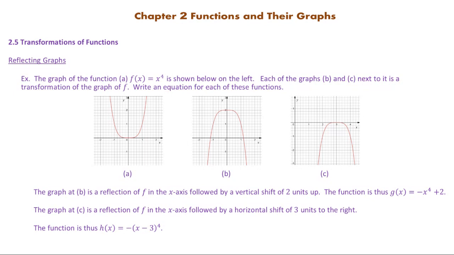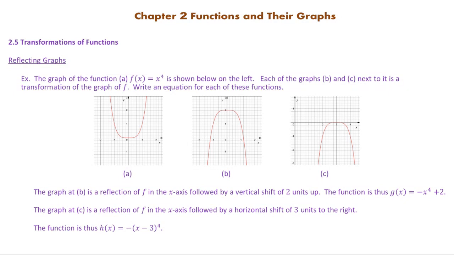Or you can reflect first, then move up, right? You can reflect the first graph across the x-axis and then move up 2 units. So it just becomes what? Negative x to the fourth plus 2, right? So this function is g equal to negative x to the fourth plus 2, okay? Reflecting across the x-axis, you just put a negative sign on the whole thing. So that's negative x to the fourth. And you shift 2 units up, so you plus 2.